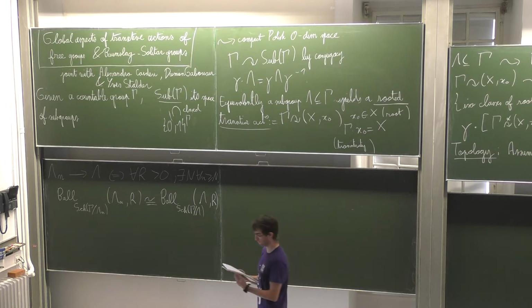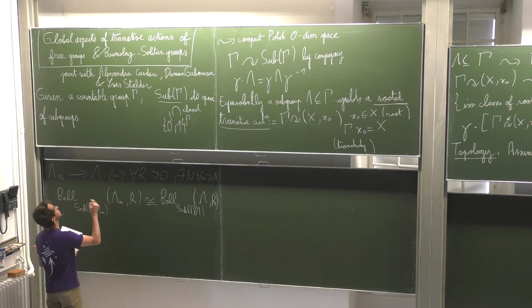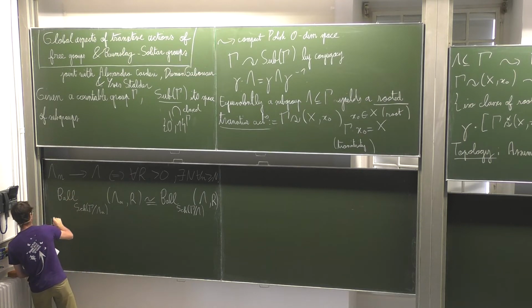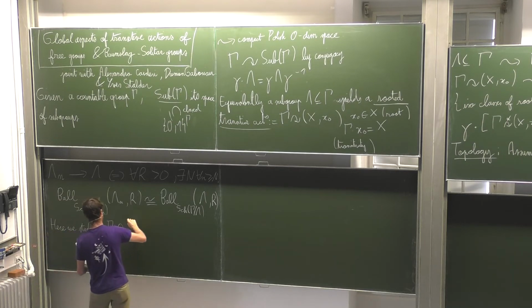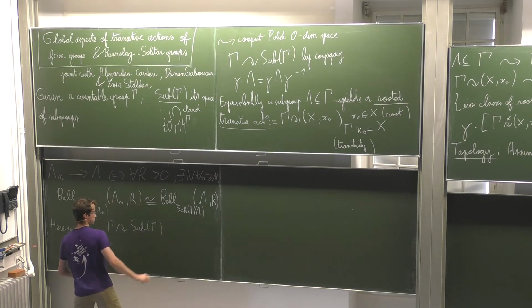And so now that I have said that, I can state the focus of this talk. We will study the gamma action on this space of subgroups for two groups.